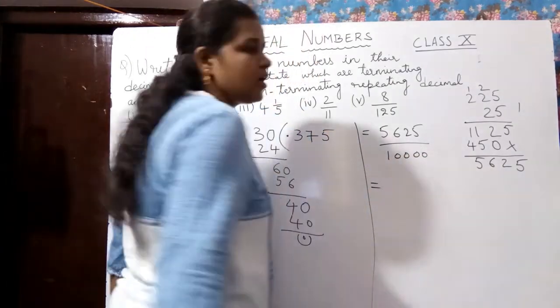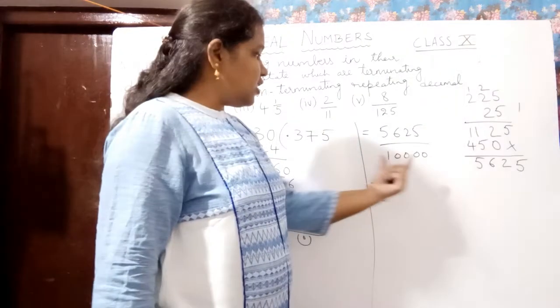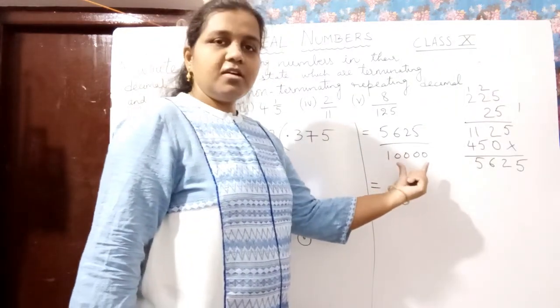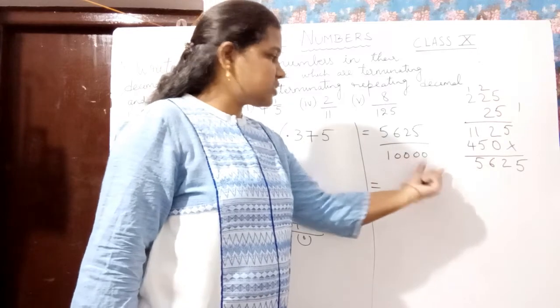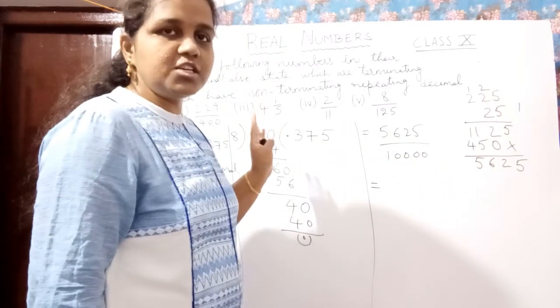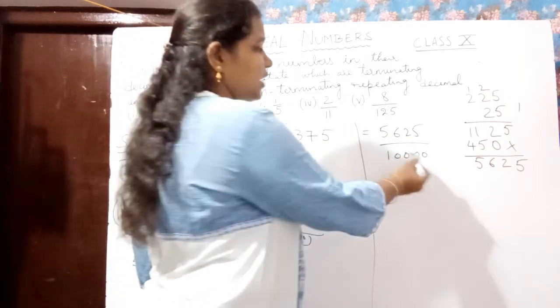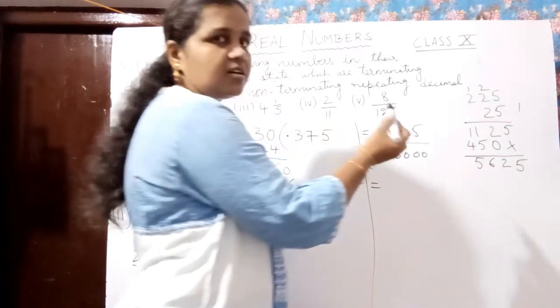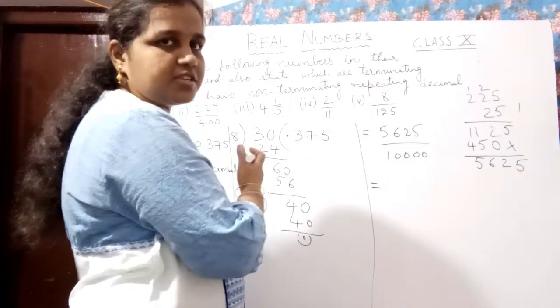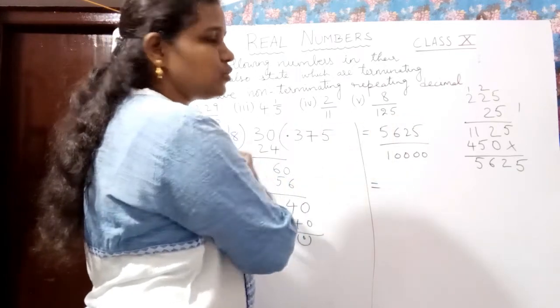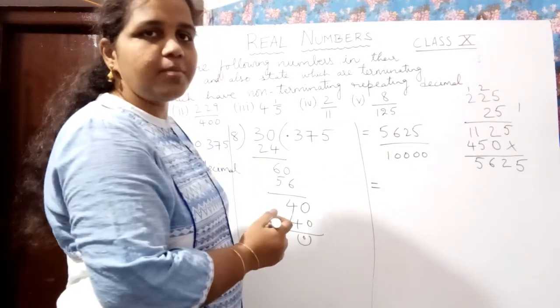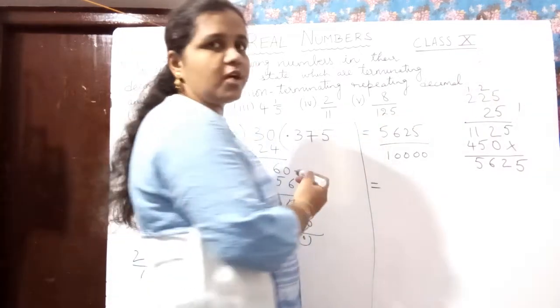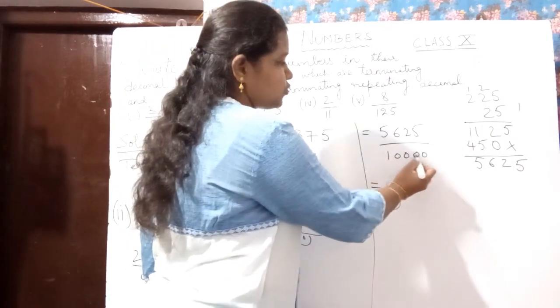Now we know whenever you have a fraction in which the denominator has all zeros and the leftmost digit is 1, then we have to move that many digits from right to left and put a decimal point. So here you have 1, 2, 3, 4.